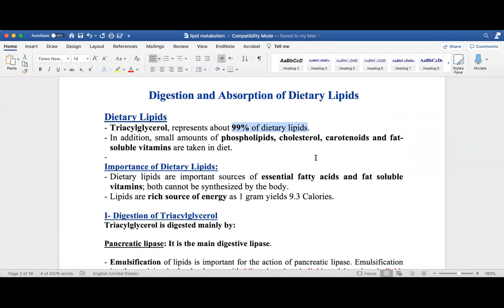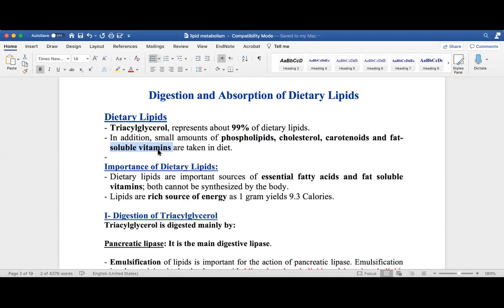In addition to the triacylglycerol, we also have phospholipids in our diet, cholesterol, carotenoids, and the fat-soluble vitamins. Does anyone know what the fat-soluble vitamins in our diet are? Have you studied the course of vitamins or not yet?